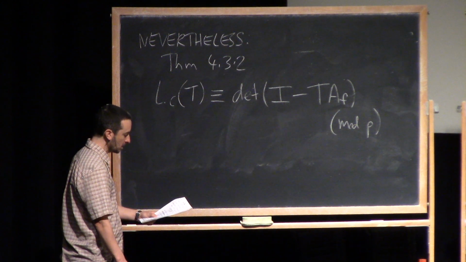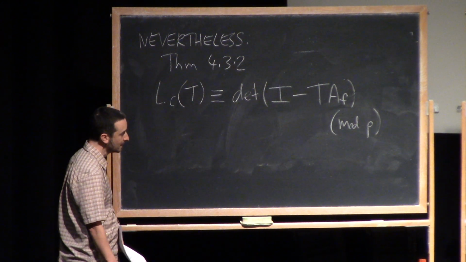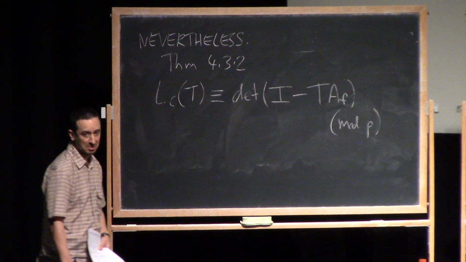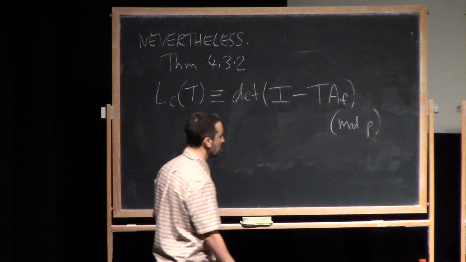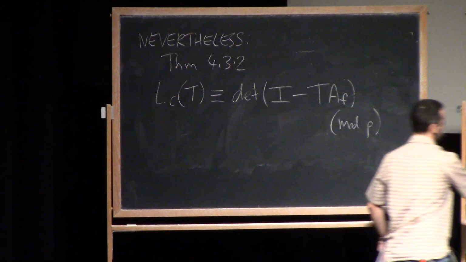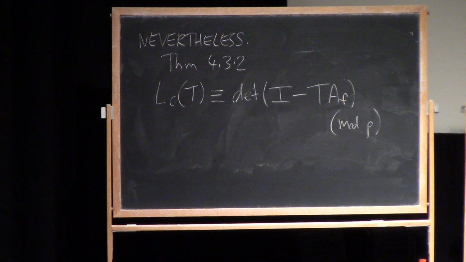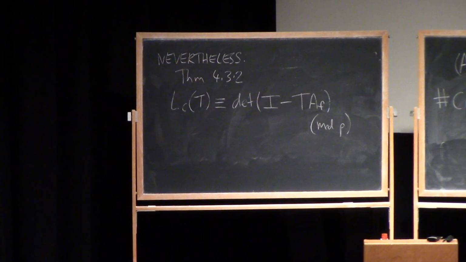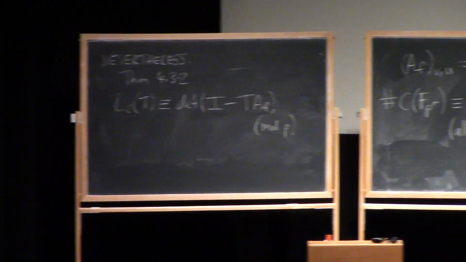Okay, what I want to do next is analyze the complexity of this algorithm that I've been hinting at. Let me quickly write down briefly what this algorithm is, and we'll do a bit of complexity analysis.